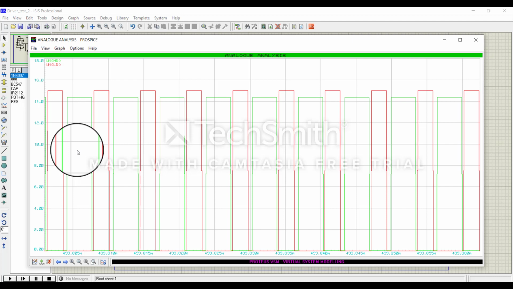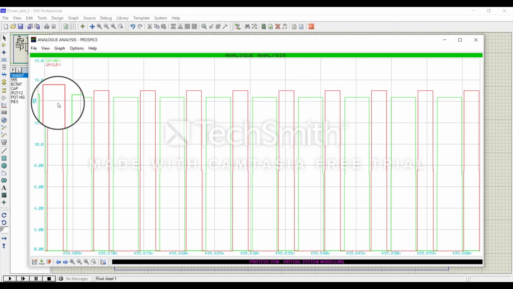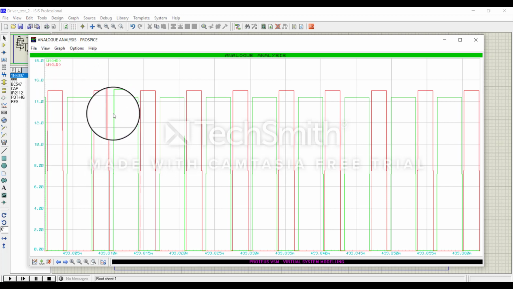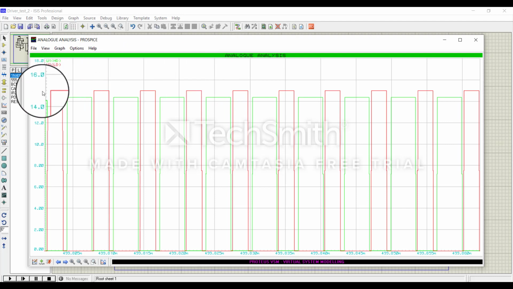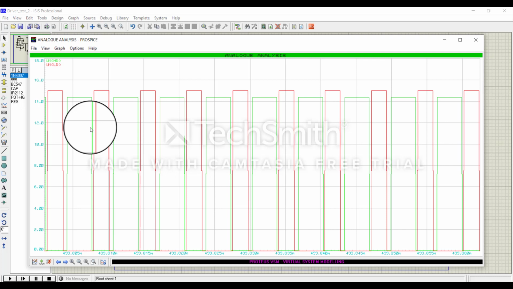That is, the frequency of these two pulses is 150 kilohertz, which is going to be the oscillation frequency for our H-bridge based inverter circuit, and which is going to be the resonance frequency for our transmitting and receiving coil.